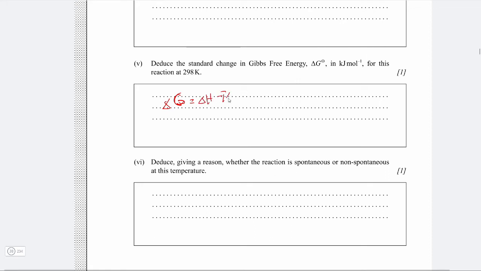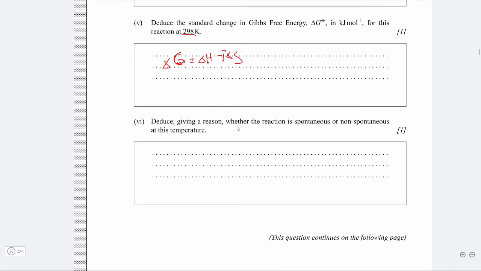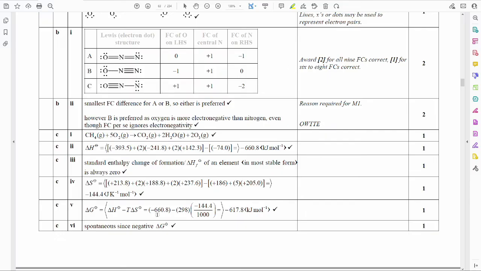Just use the Gibbs equation, put in the values, temperature that you have already converted in Kelvin here, and then you get the Gibbs free energy. Deduce whether the reaction is spontaneous or non-spontaneous. So when the Gibbs free energy is less than 0, it's spontaneous, and if it's more than 0, it's non-spontaneous. And in this case it's less than 0, so it's spontaneous.